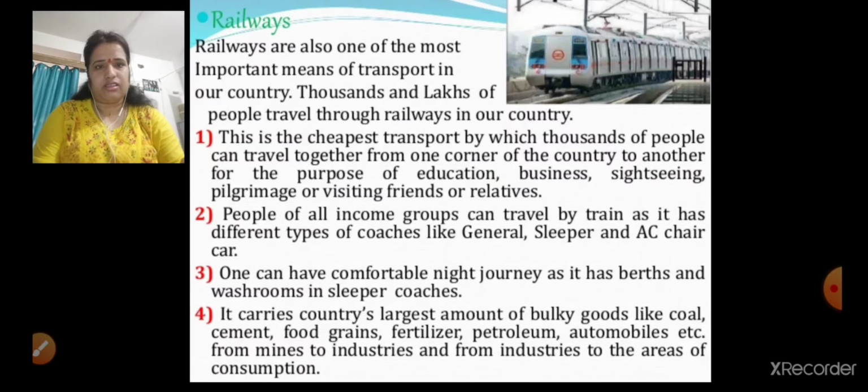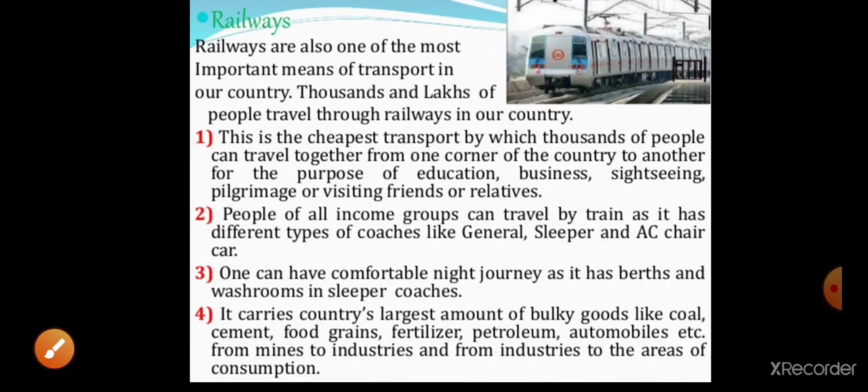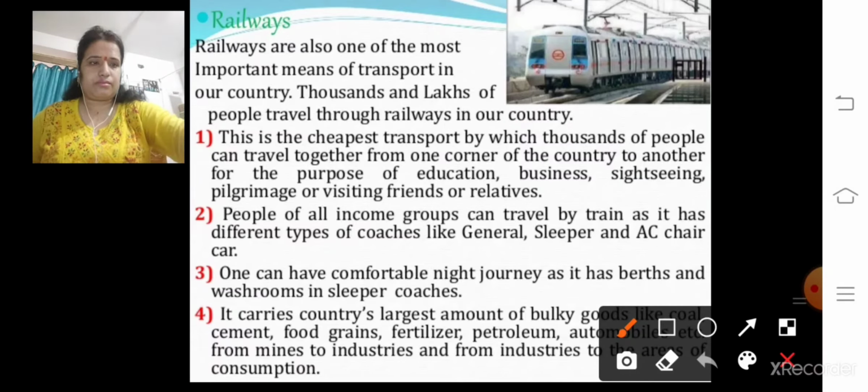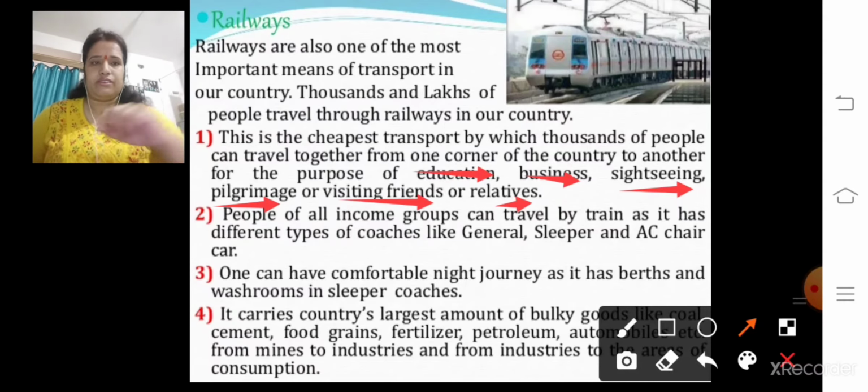This is the cheapest transport by which thousands of people can travel together from one corner of the country to another for education, business, sightseeing, pilgrimage, visiting friends or relatives.